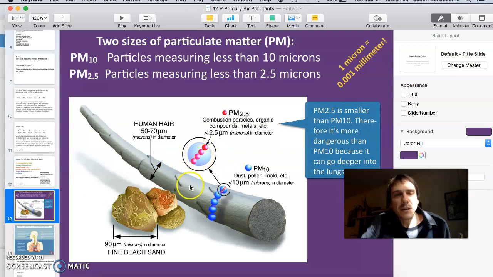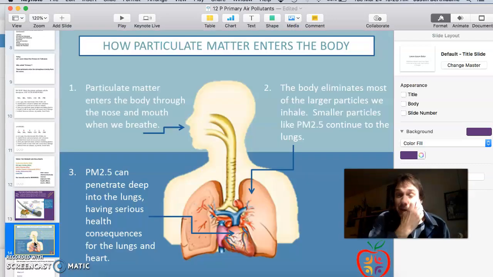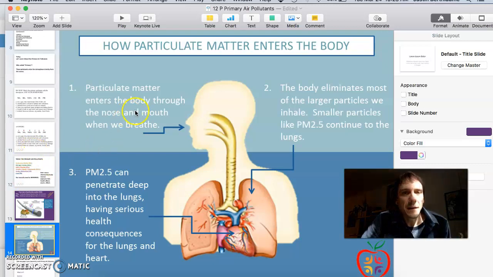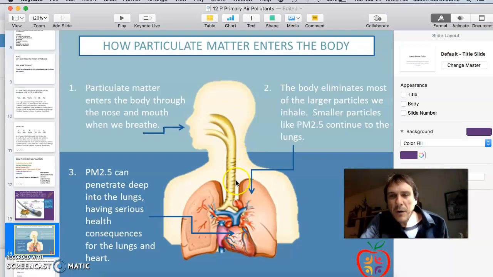These things get really, really tiny and get into the lungs. So you can see here that the particulate matter enters through the nose and the mouth when we breathe, and the body eliminates most of the large particles that we inhale, but the smaller particles, especially 2.5, get deep into the lungs and have serious consequences.